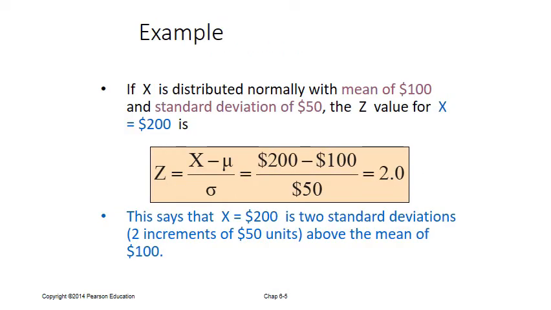For example, if x is distributed normally with a mean of 100 and standard deviation of 50, and we want to convert x of 200 into z units, we substitute all the values into this simple formula. x is 200, mean is 100, divided by standard deviation 50, so z becomes 2. So when x is 200, z is 2.